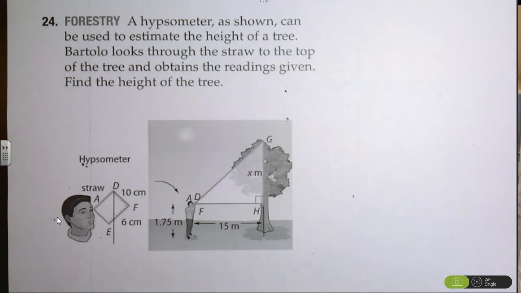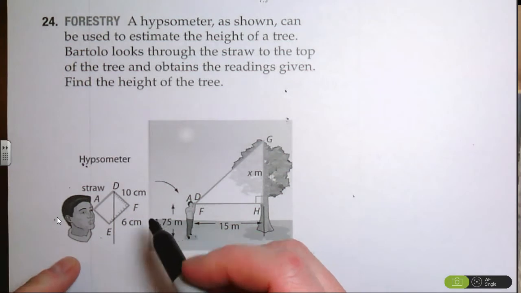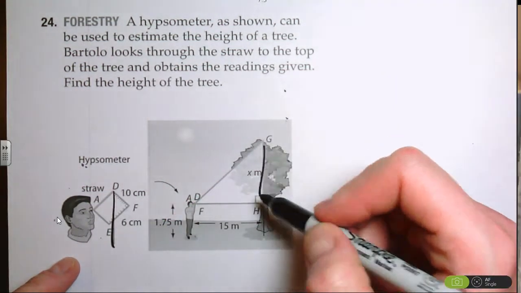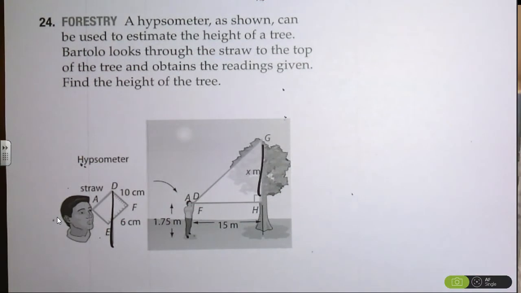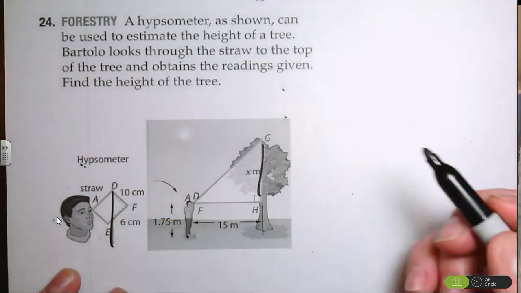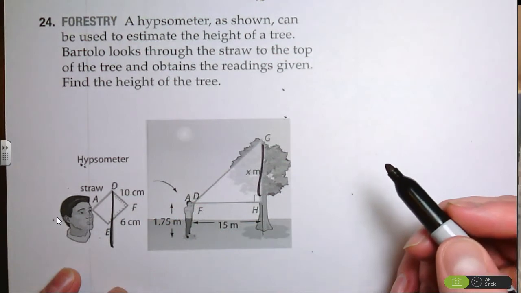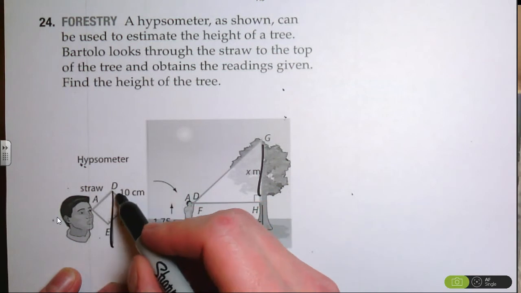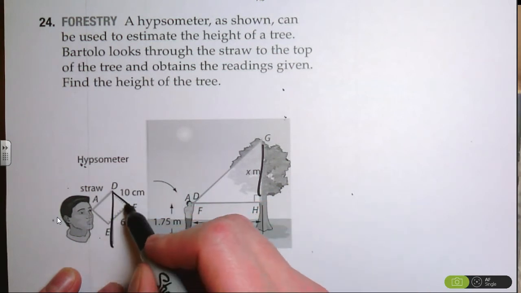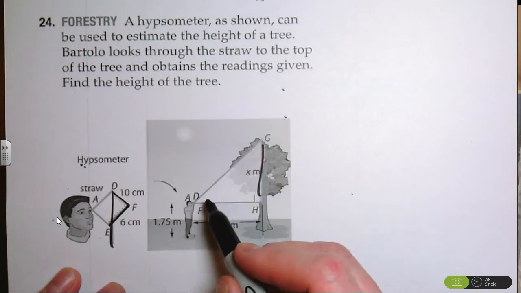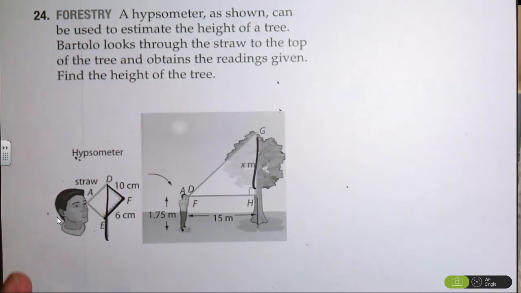Well, here's what we have to piece together. It's a string that hangs straight down, and when you make it vertical to the ground, it's vertical here. Okay. And then you label it along a card, and what ends up happening is that height and that height create a right triangle that's similar to this right triangle. So we're going to set up some similar triangles.